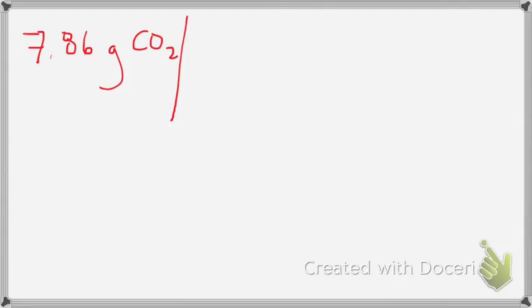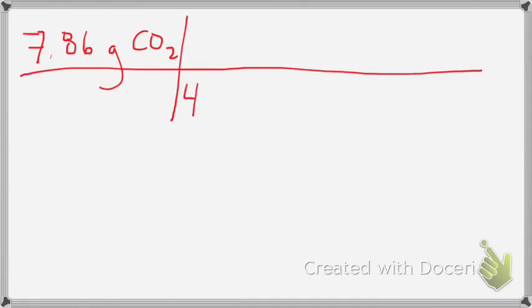Now, you would have to know how to figure out the molecular weight of the carbon dioxide, which was a different video. But if you do, it's going to come up to 44.01 grams of carbon dioxide, and that's equal to 1 mole of carbon dioxide.